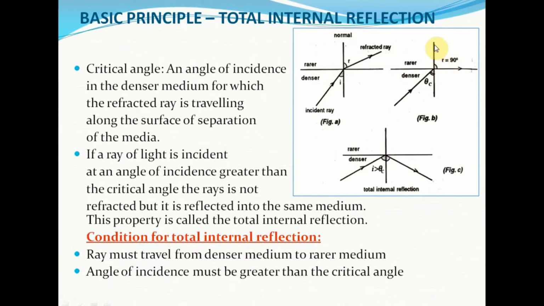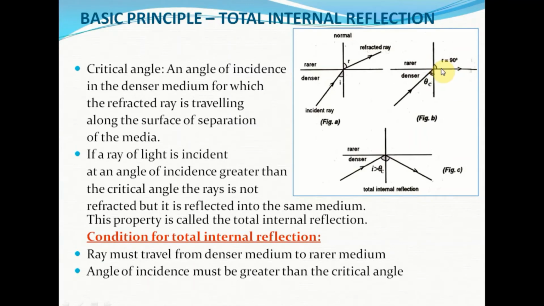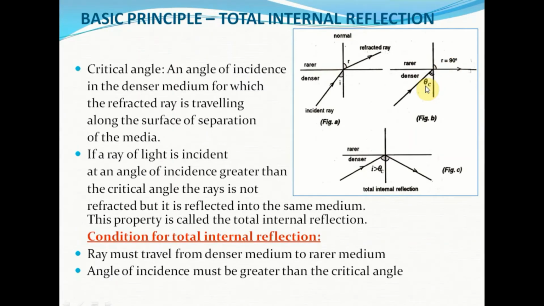So this is the normal and this is the refracted ray along the surface of separation between two medias, and this is the angle of refraction. So whenever the angle of refraction is 90 degree, the particular angle of incidence is called the critical angle.